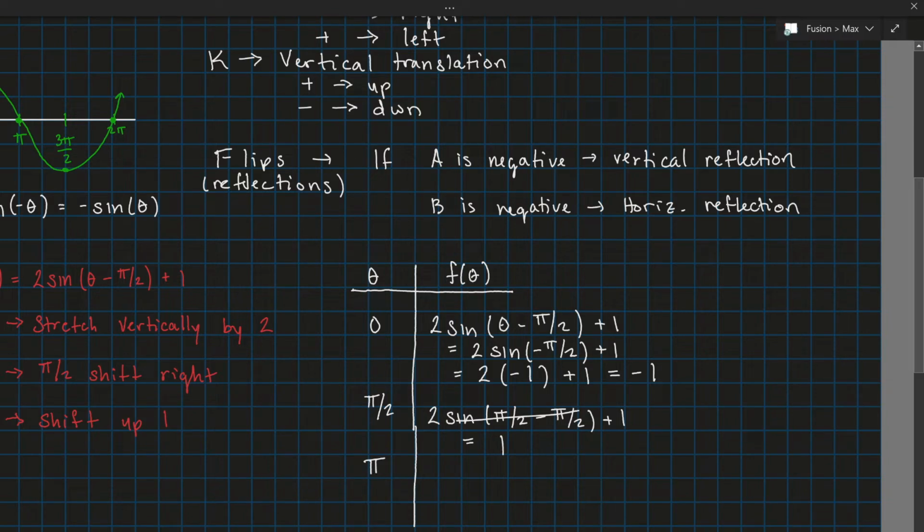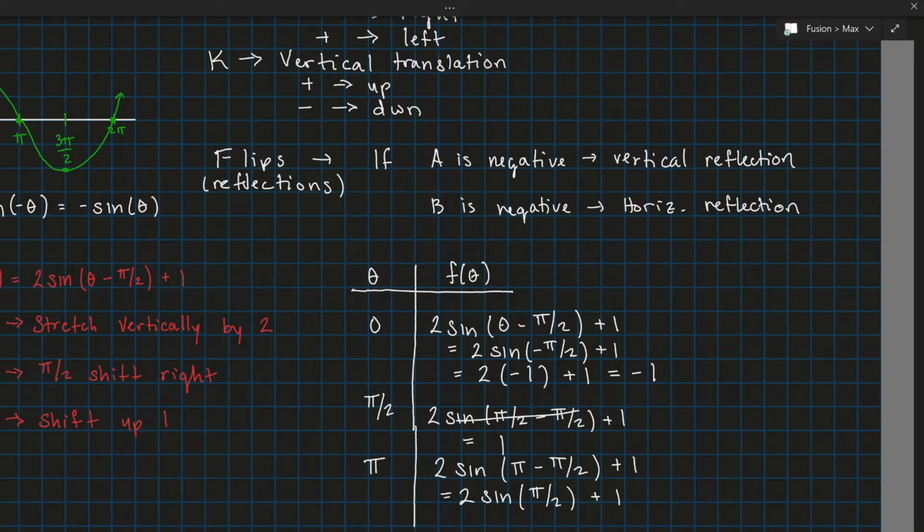Okay. What is 2 sine of pi minus pi over 2 plus 1? Pi minus pi over 2 will give us just pi over 2. What's sine of pi over 2? Pi over 4?